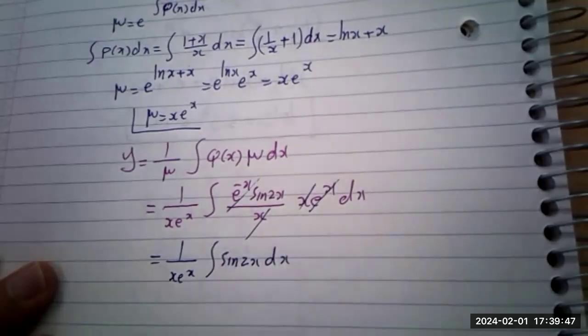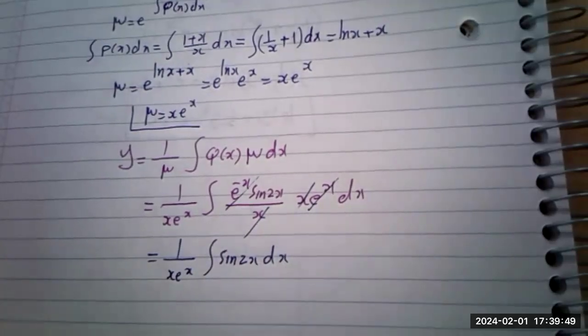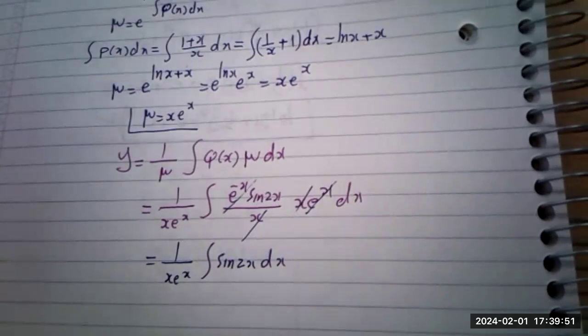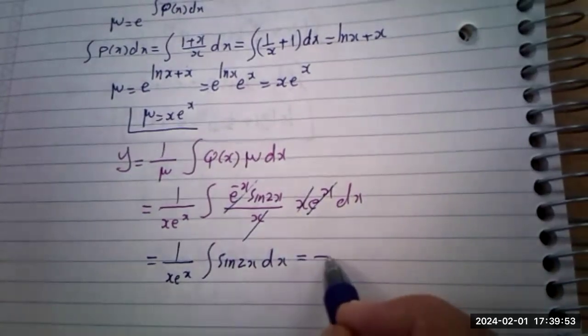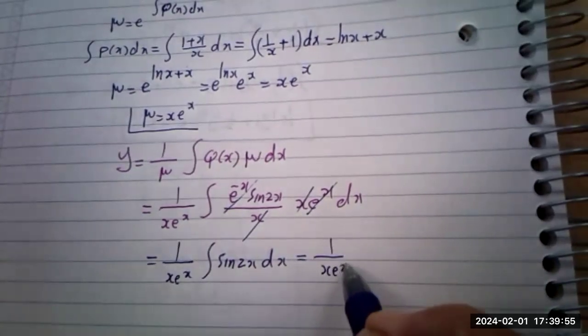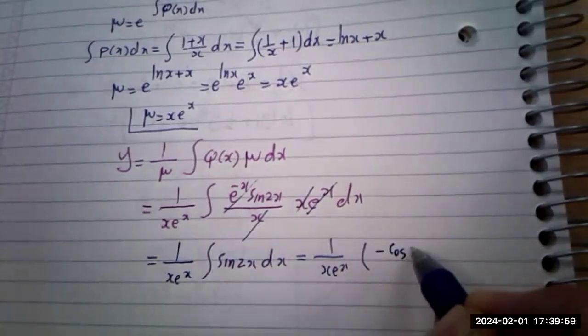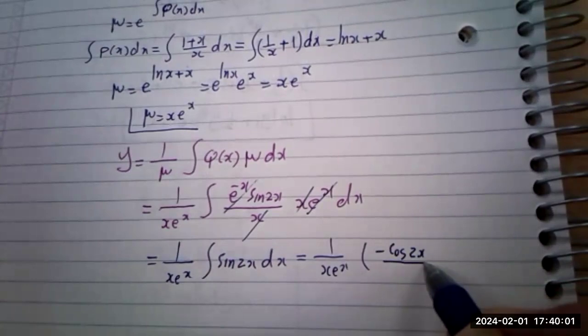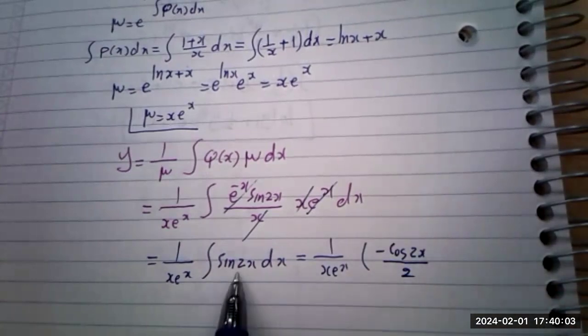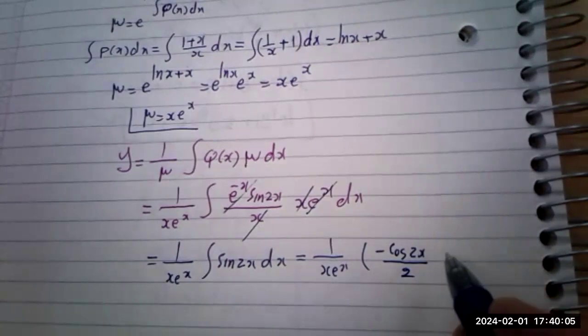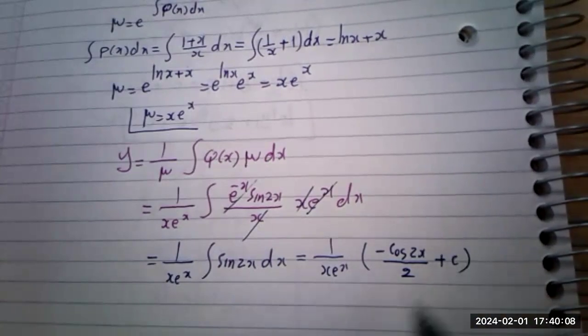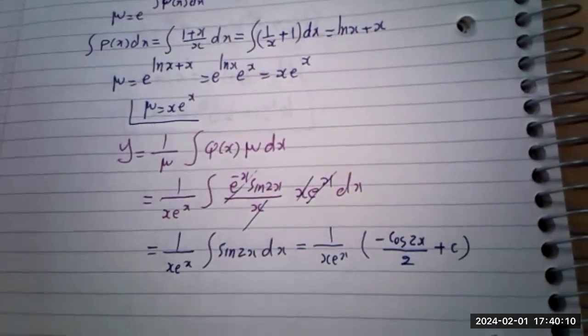You know that the integral of sine is negative cosine. So this is going to be 1 over x e to the x times the integral of sine, which is negative cosine of 2x, and then you have to divide by 2. And of course, the constant c. So that would be the final answer.